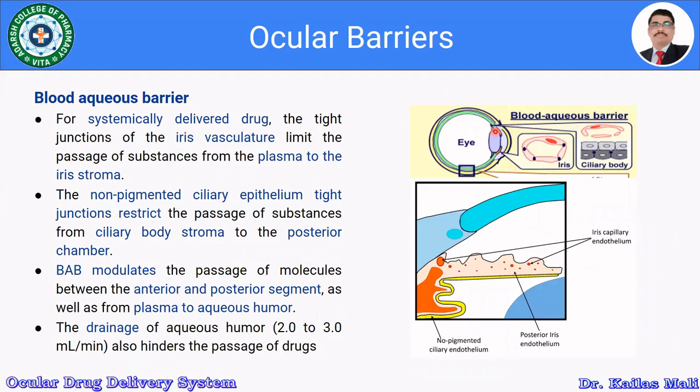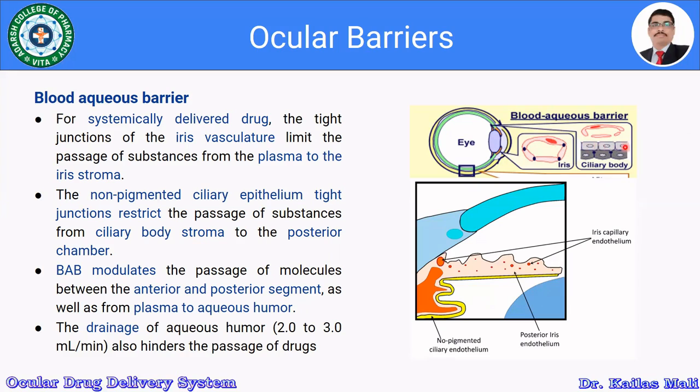So the iris and ciliary processes. This is the iris, which is joined by the tight junction, and this is the ciliary body, isn't it? Which makes the blood aqueous barrier. For a systemically delivered drug, these are the tight junctions of the iris vasculature, which limit the passage of substances from plasma to the iris stroma.